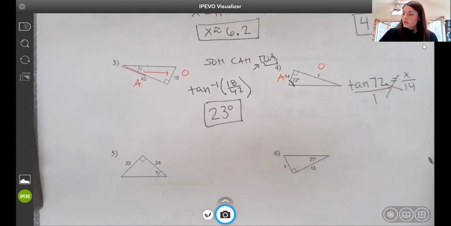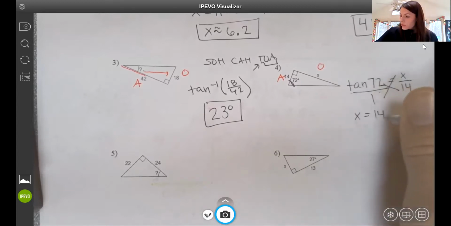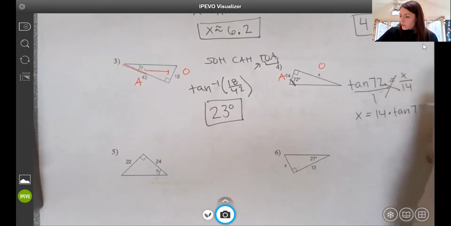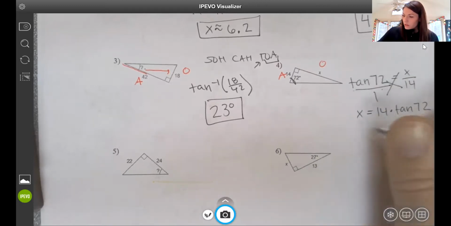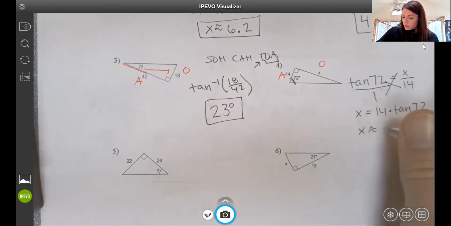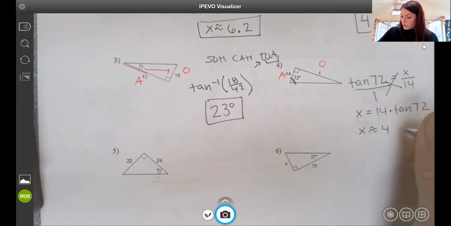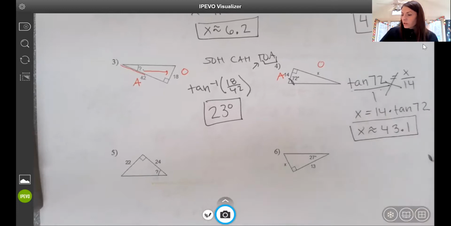Cross multiply. X equals 14 times the tangent of 72. Put that into your calculator. Gives me approximately 43.1 rounded for that missing side.